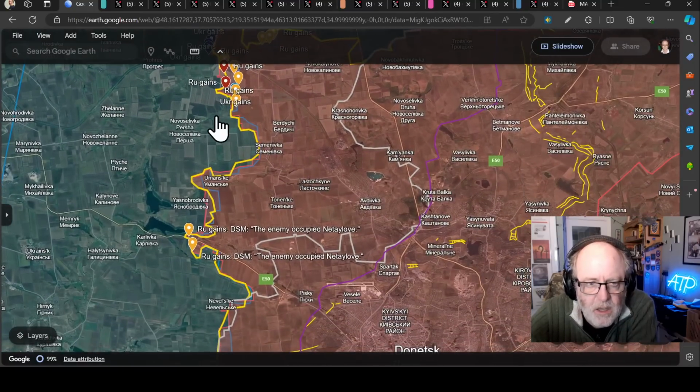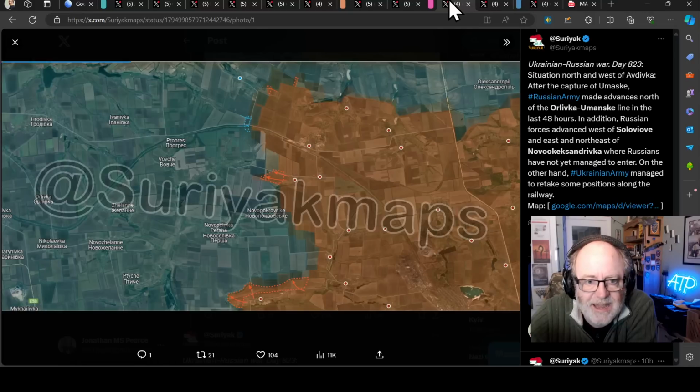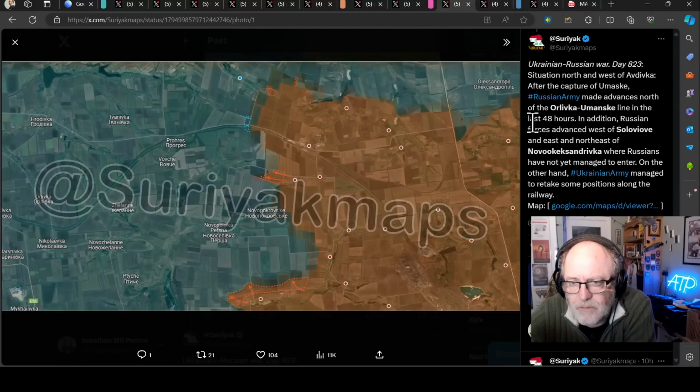And if we look at that from the Suriyat Maps point of view, after the capture of Umanska, they say the Russian army made advances north of Orlivka and Umanska line in the last 48 hours. In addition, Russian forces advance west of Solovyove and east and northeast of Novo-Oleksandrivka, where Russians have not yet managed to enter.